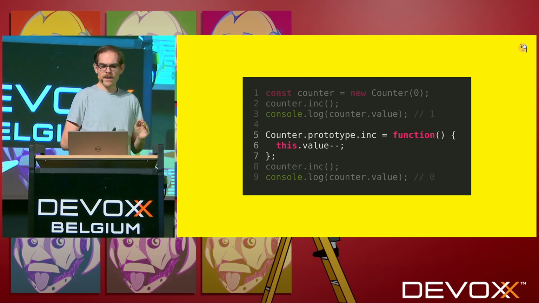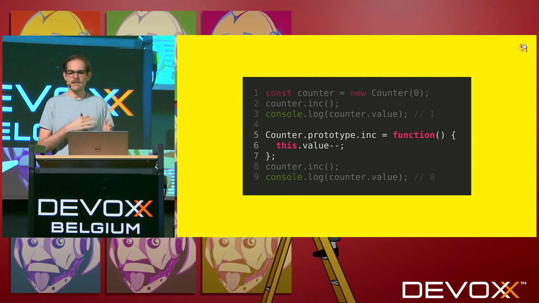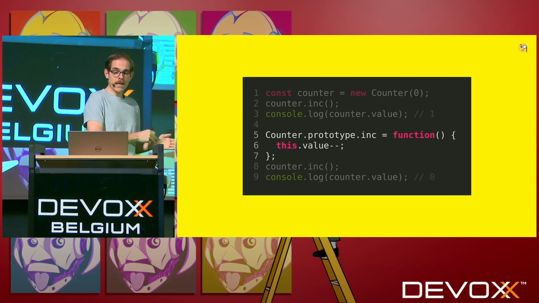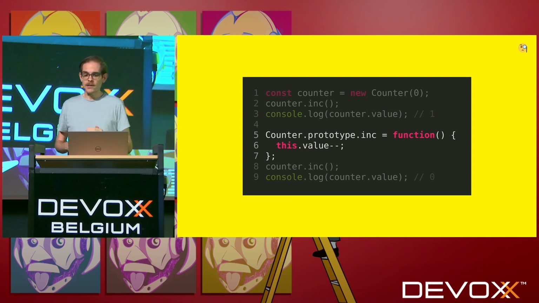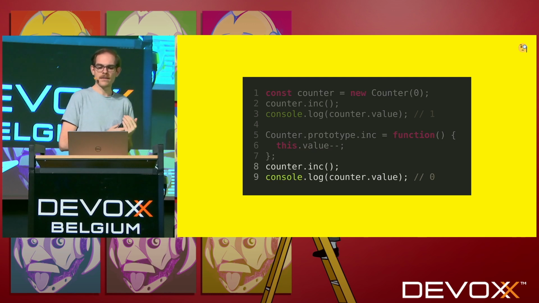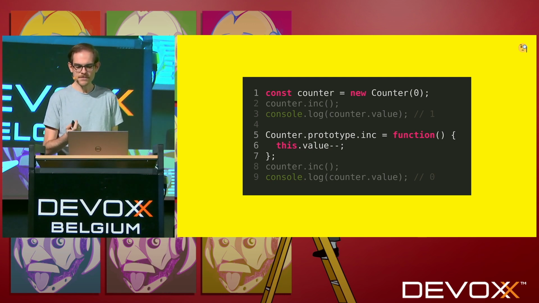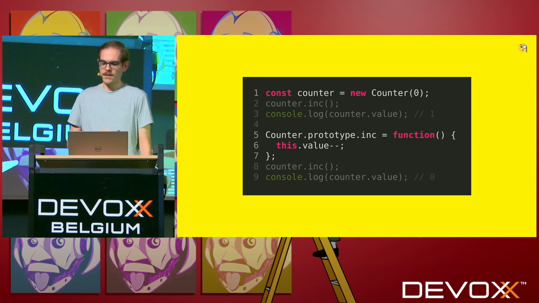But besides this, the thing is that the prototype is a living object that is referenced from other instances. So if I change the prototype like this, even though the counter instance was created before, it is affected anyway. So if I now call increment, I get 0 instead of 2, because I modified the increment method in the prototype to subtract instead of to add a unit.